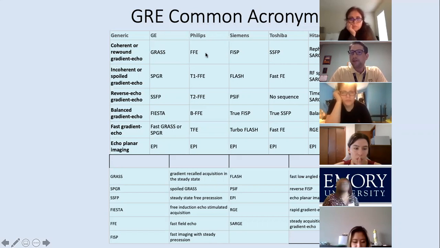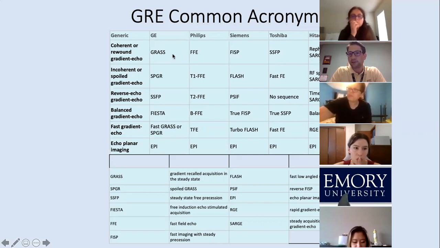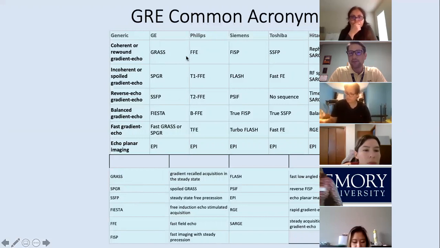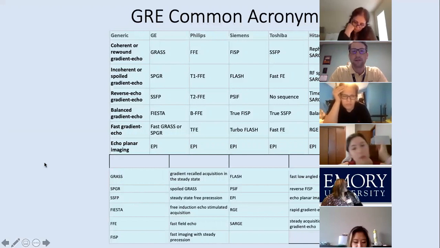And then here is the quick acronym, and depending on the manufacturer, they differ. Of course, we could have just one uniform acronym, but every manufacturer has to put their own spin on it. So you can see here. And if you don't know what the acronym stands for, you can go down here and get the full, drawn out definition of it.